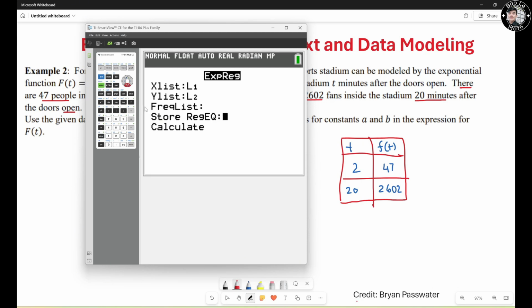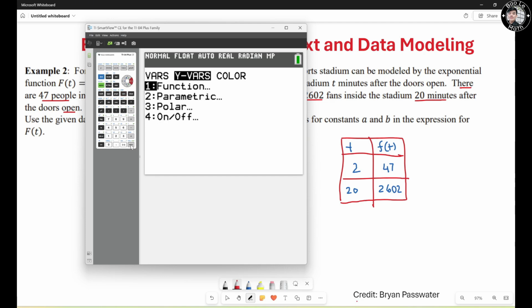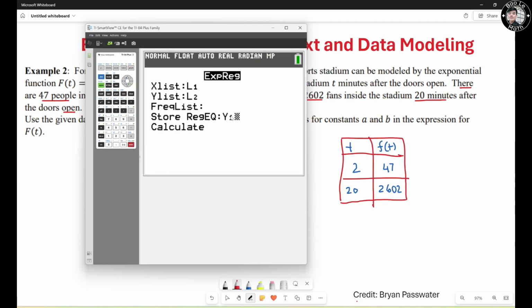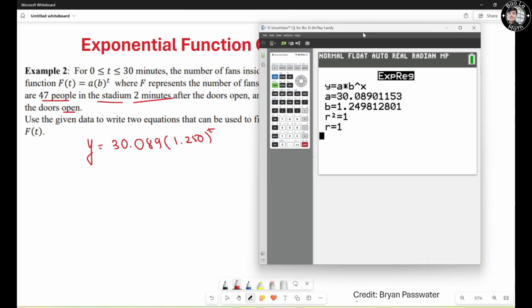You need to go over here and hit vars, Y-vars, function, Y1. Alright, so my function will be stored as Y1. And then go down, hit calculate, and I get the same answer right here. 30.089, and this is 1.250, right? So it's going to be exactly the same thing right here.